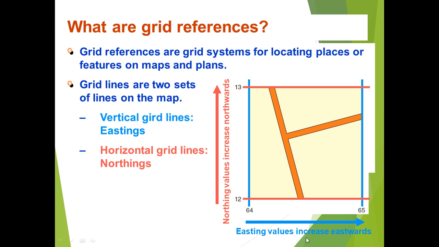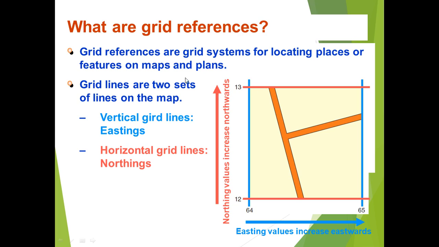In other words, it will decrease westward. Northing also shares the same concept. Here the red lines are northing 12 and northing 13, and you can also find northing 14, 15 northwards.